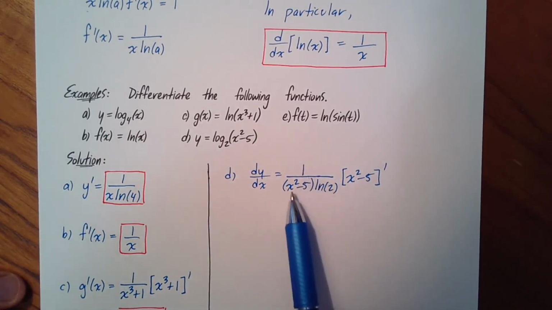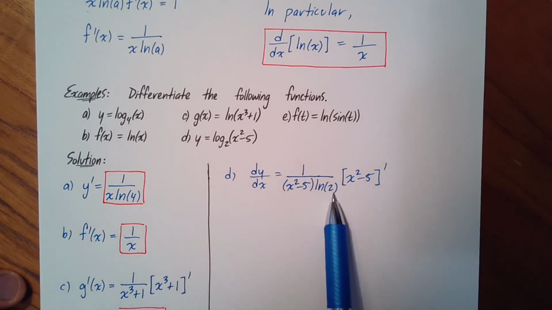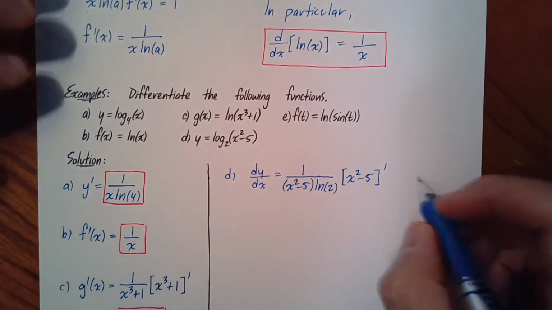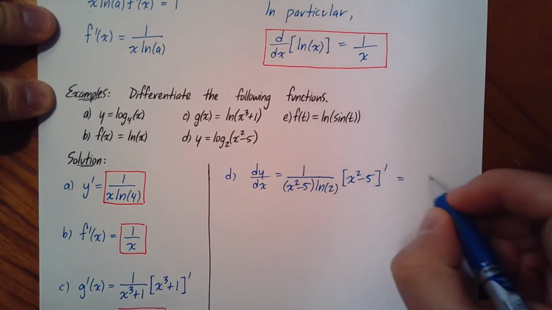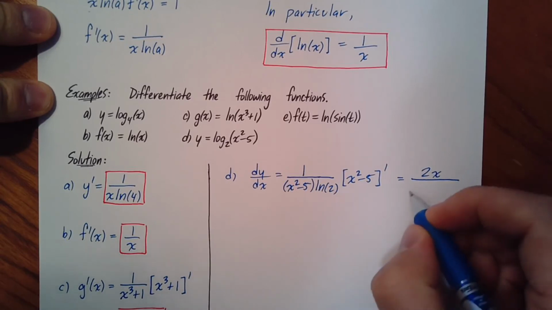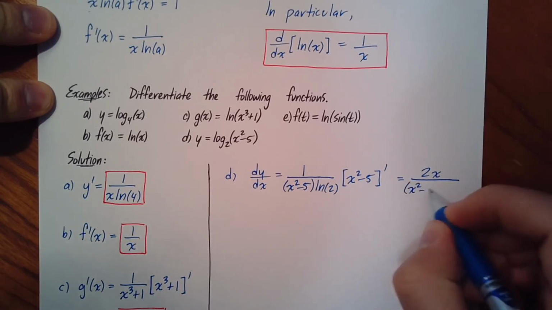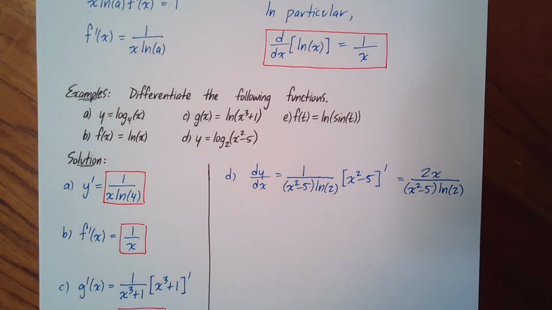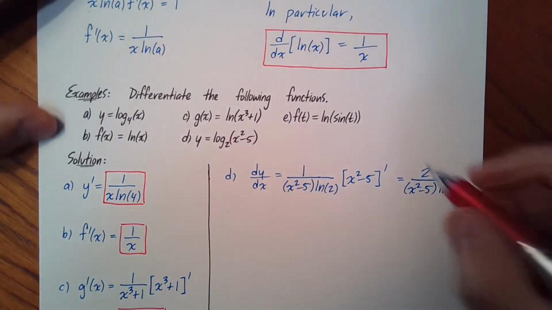So we got 1 over x squared minus 5 times the natural log of 2 multiplied by 2x. We can just write this as 2x over x squared minus 5 times the natural log of 2. And that is our answer in this case.